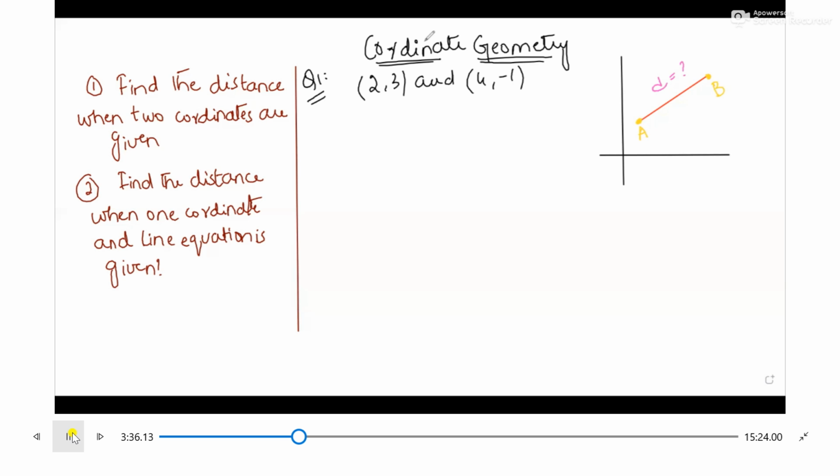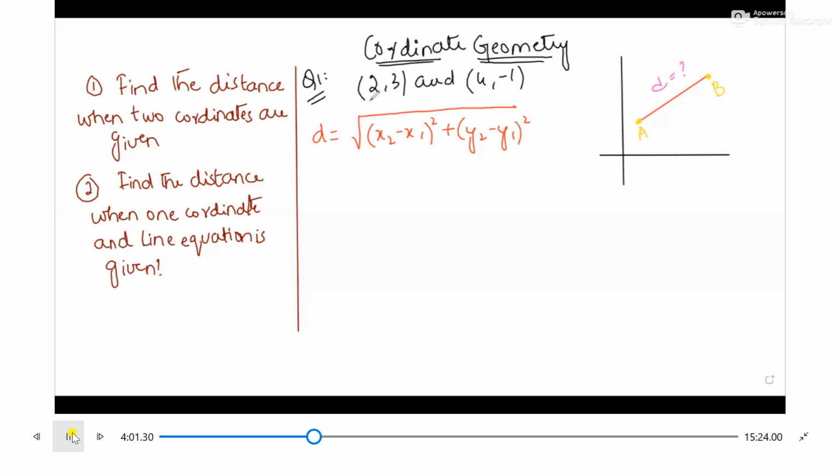So the basic formula to find out the distance between the two coordinates is d equals the square root of (x2 minus x1) whole square plus (y2 minus y1) whole square. Before that, you have to define the values of x1, x2, y1 and y2.